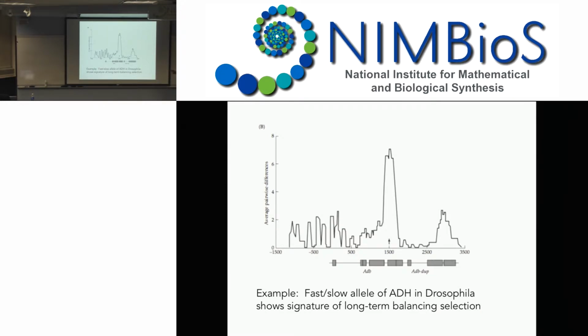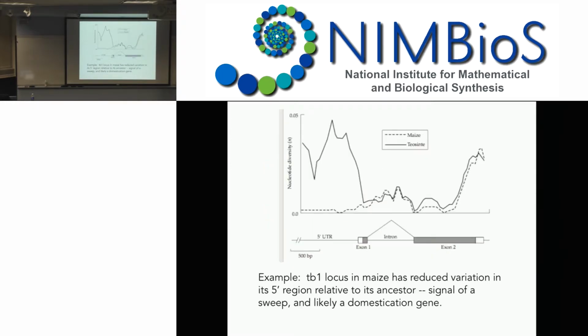You get a big spike there of increased variation, and that's suggestive of balancing selection. That's not the whole story, because you can show that all that excess variation is not between alleles, but within one allele. So it's not a complete story yet. Something is going on there, but this is the signal you expect from balancing selection.